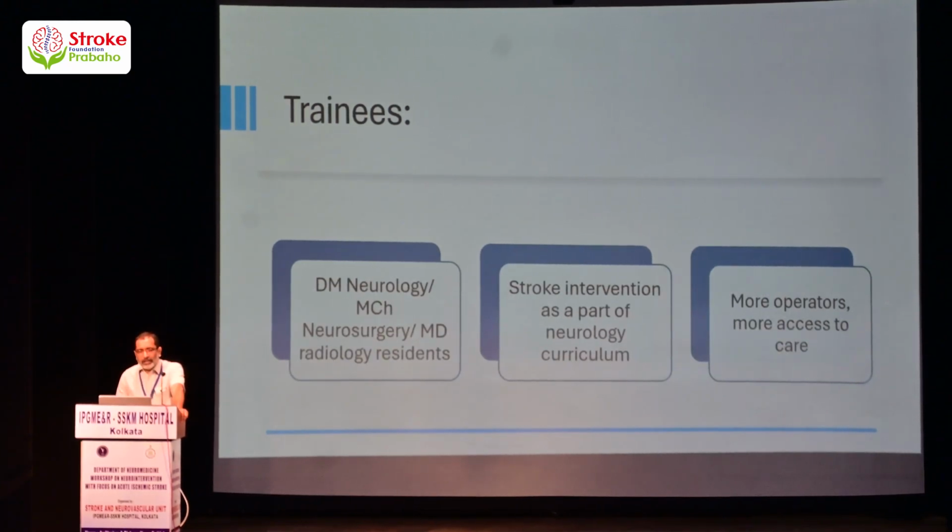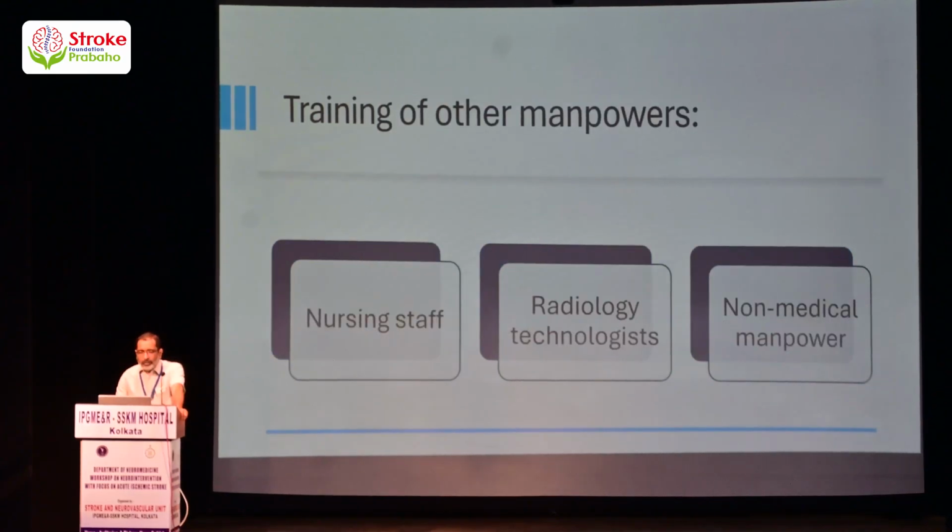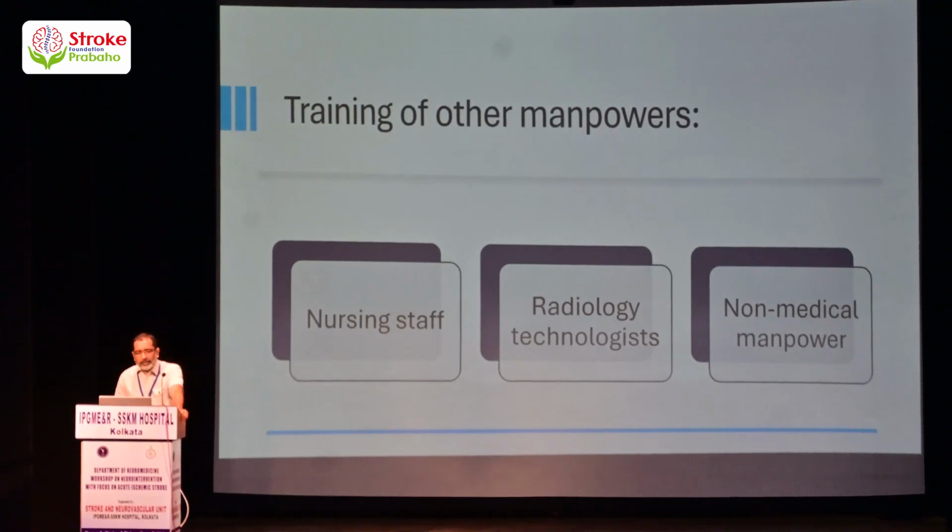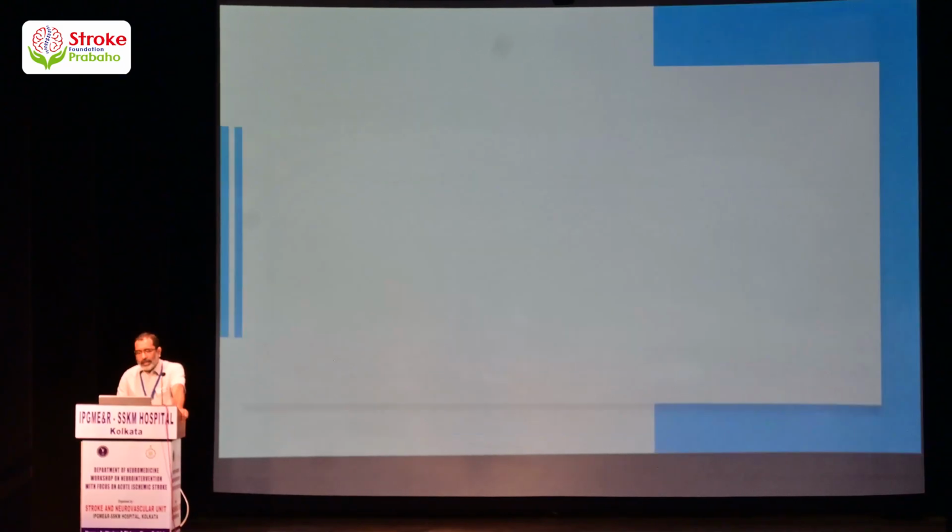The trainees are our postdoctoral students who are pursuing their DM neuromedicine or MCh neurosurgery courses or MD radiology courses, and all these trainees have adequate access to these intervention procedures. We also have to train other manpower like nursing staff, radiology technologists, and non-medical manpower.